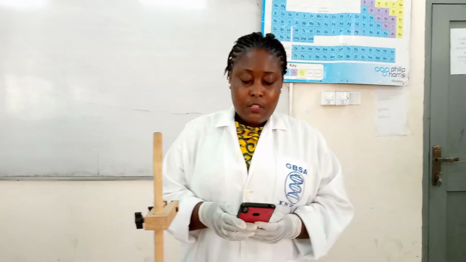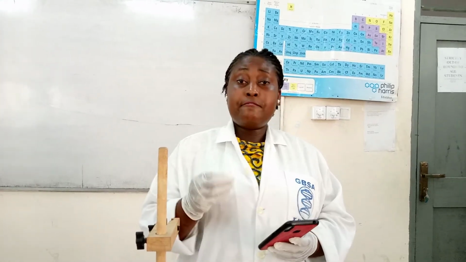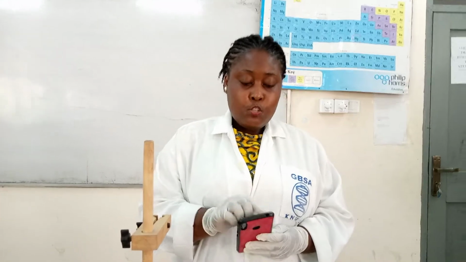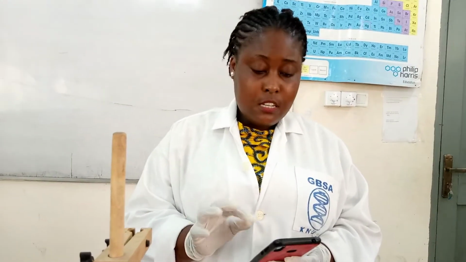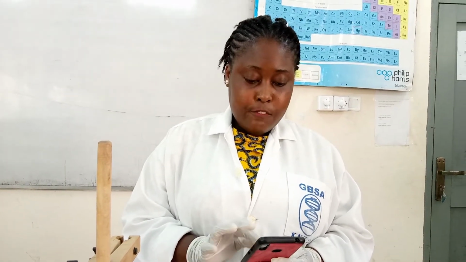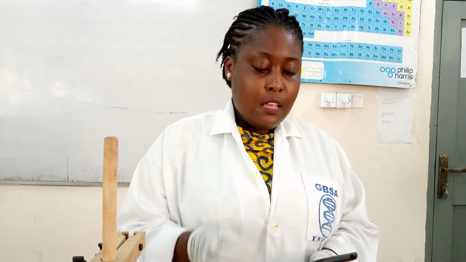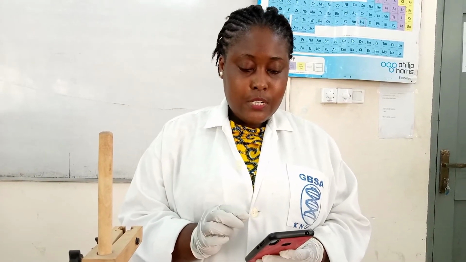So I'm going to check on my phone. There are literature values, melting ranges for most organic compounds. So you have to check on your phone and see which organic compound has the melting range within what I got.